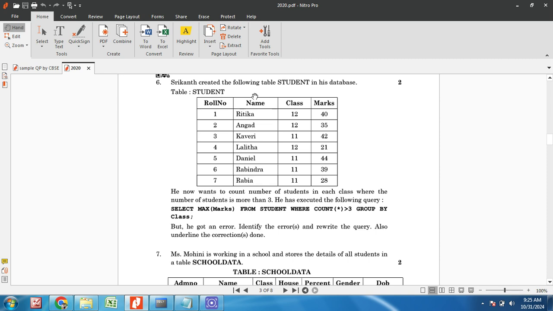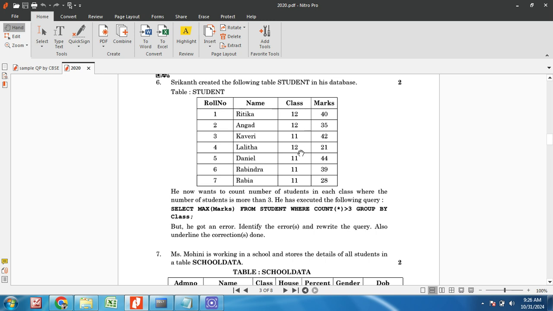Shrikant created the following table student in the database. The table name is student. There are 4 columns: roll number, name, class and marks. Roll numbers are 1 to 7. The names are Ritika, Angad, Kaveri, Lalita, Daniel, Ravindra and Rabia.